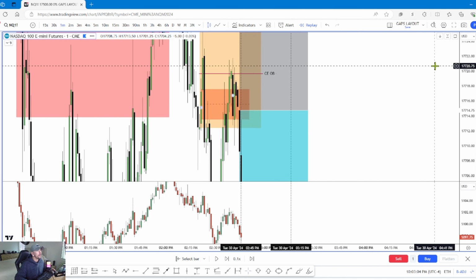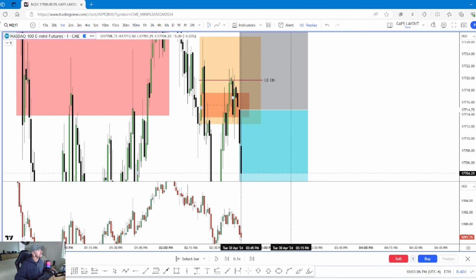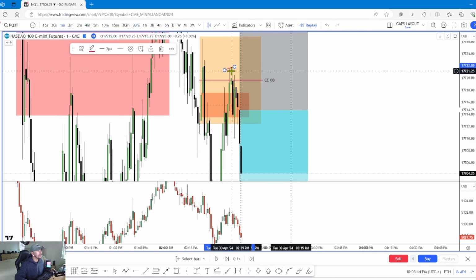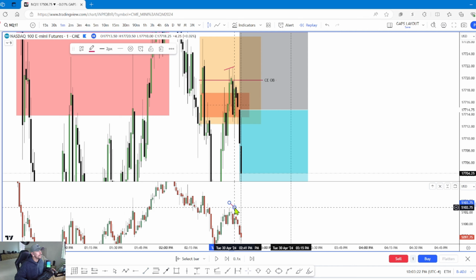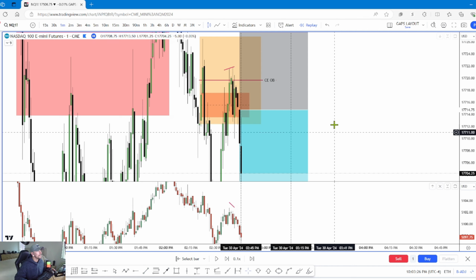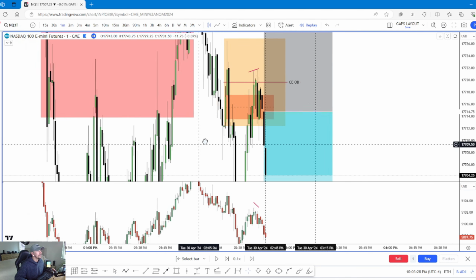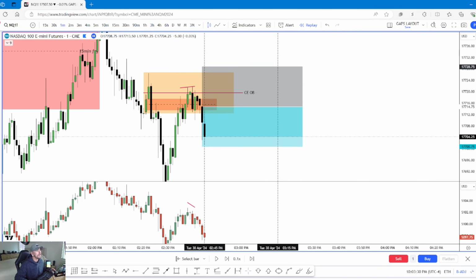So it's very subtle, but if you notice, this 2:40 candle took out the 2:38 candle. Okay, whereas on ES, we did not take out this candle right in here. Okay, so you have SMT there.